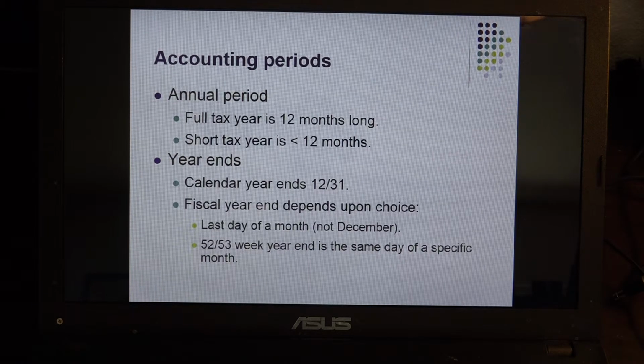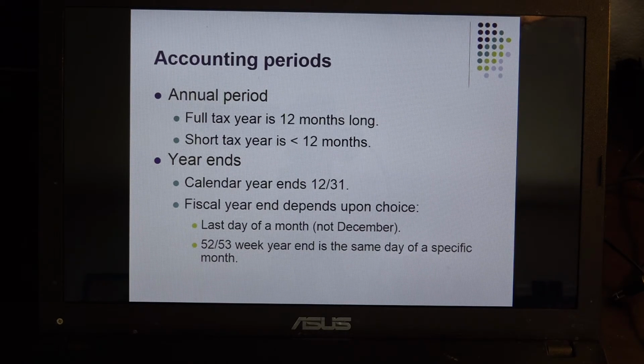Again, we'll talk more about that when we get to taxation of business entities. And then C corps are allowed calendar, fiscal, or the 52, 53 week year-end option. So they've got three options if you're a C corp.